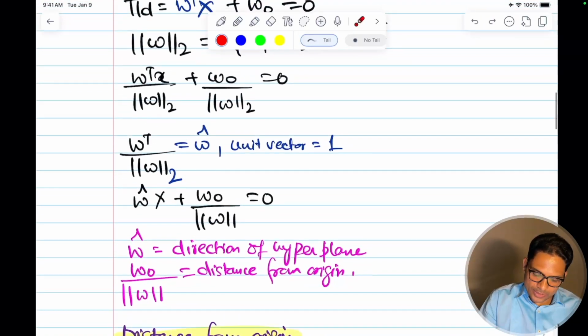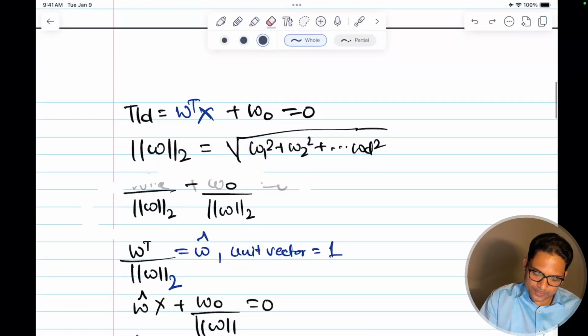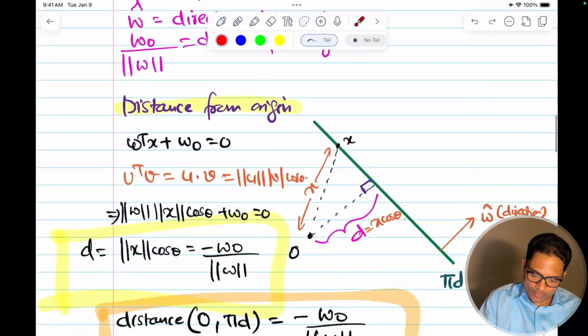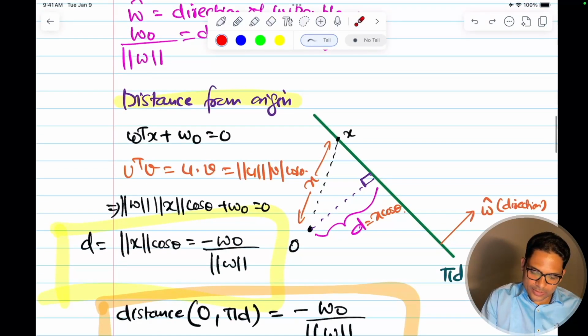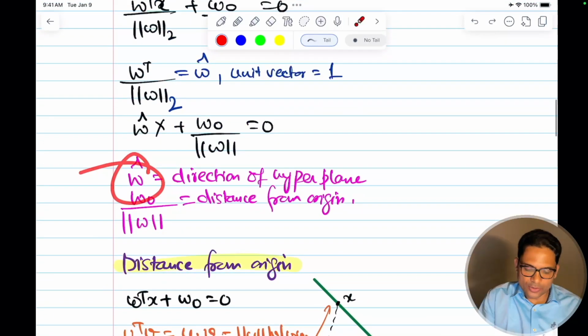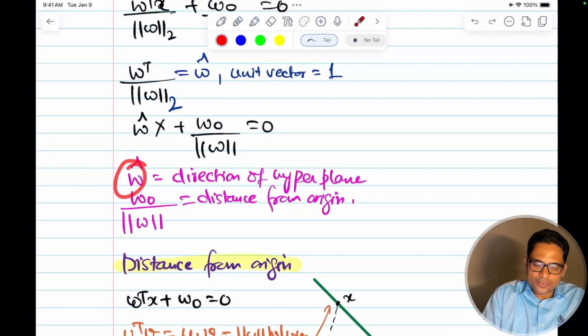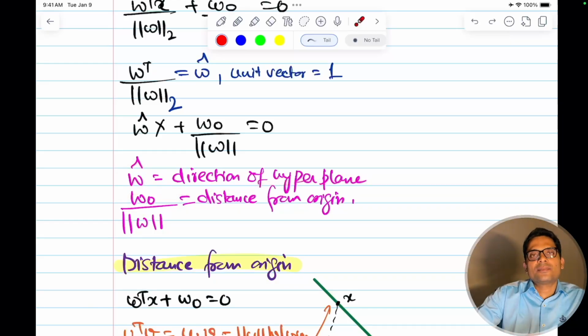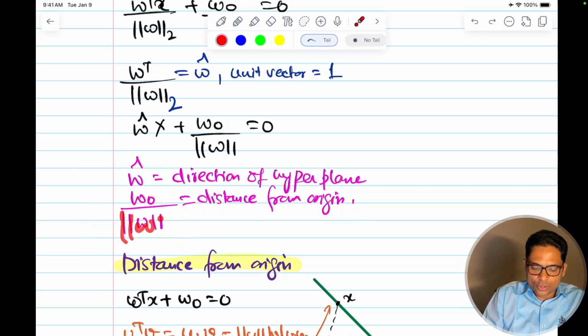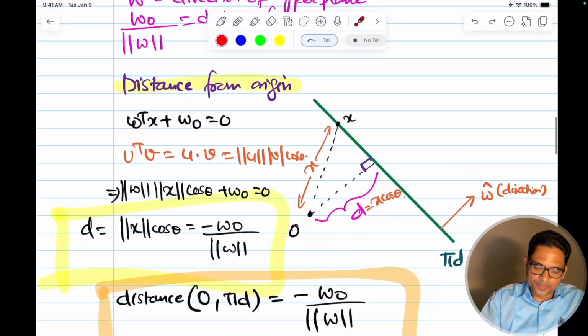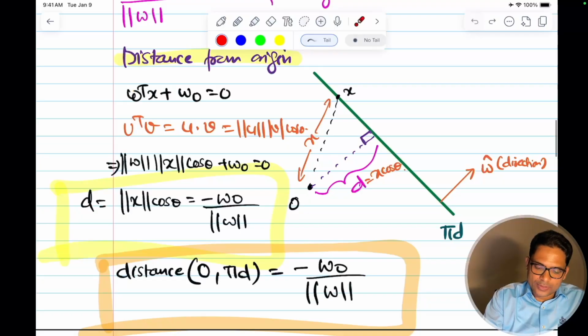Where did we do that? Here. So this is the distance from origin. We found that we divide everything so that there is a unit vector which has the direction of the hyperplane, telling us whether it is towards the origin or away from the origin, and there's w naught, which is the distance from the origin, divided by the norm of w, where w is the vector, the second Euclidean norm.